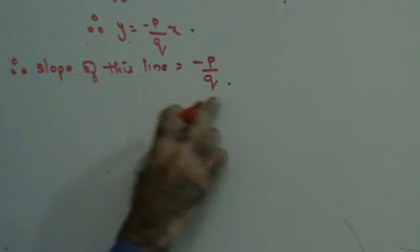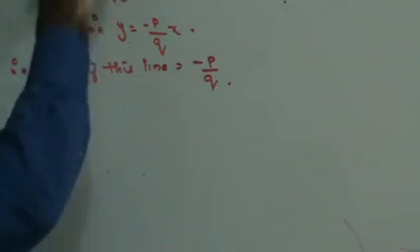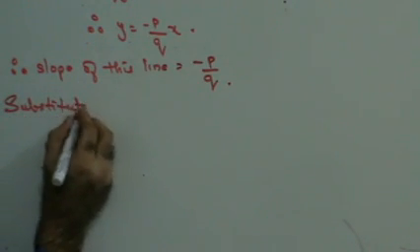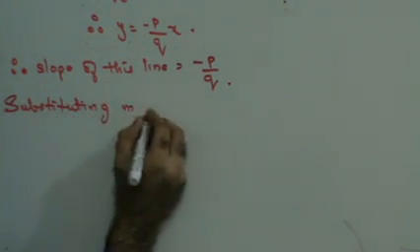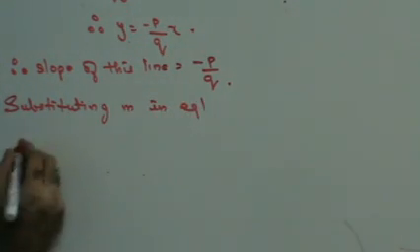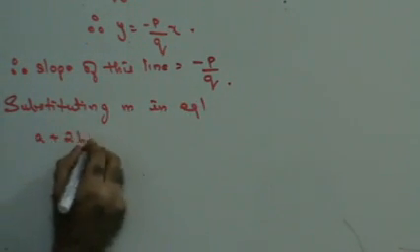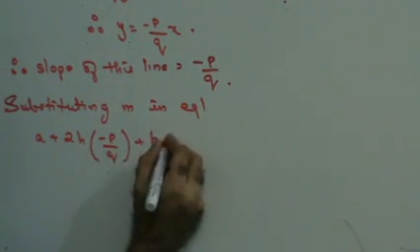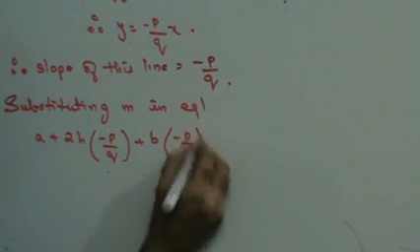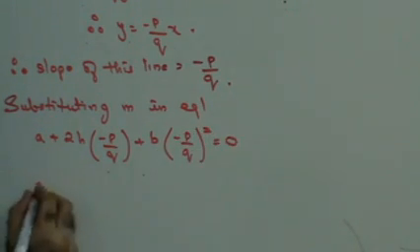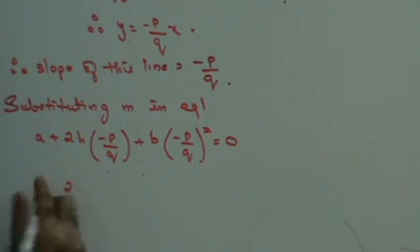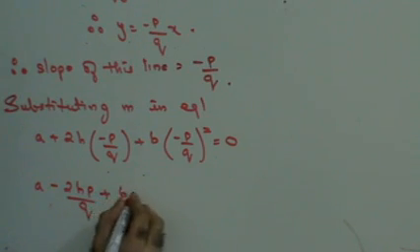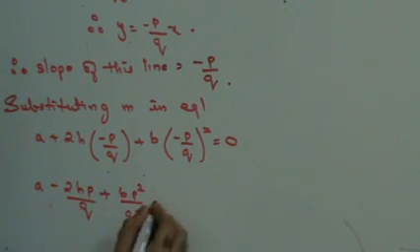That means I should be able to substitute this slope in this equation, substituting the slope in equation 1. So I'll get a plus 2hm, m can be written as minus p upon q, plus b m, m can be written as minus p upon q, the whole square is 0. So I'll get a minus 2hp upon q plus b p square upon q square is 0.